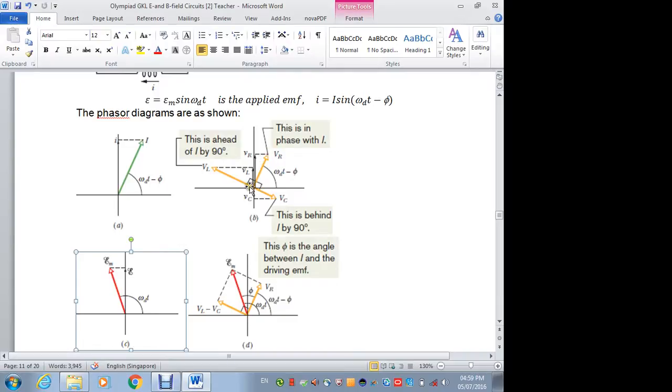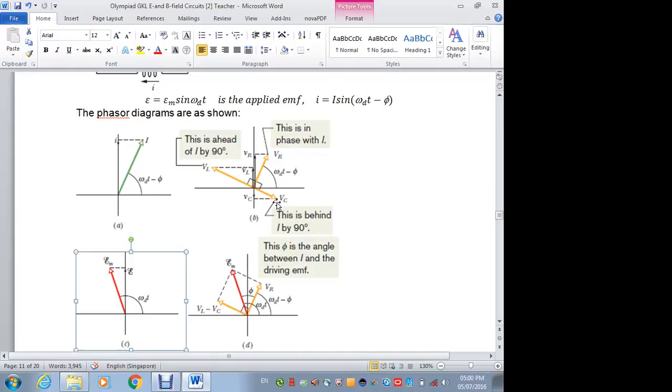So VL will lead the current, which is in phase with VR. Just treat it as the current; the current will always follow VR. So if you draw the phasor diagram, VL will lead VR. And similarly, VC will lag VR by 90 degrees. This is how the phasor diagram will look.